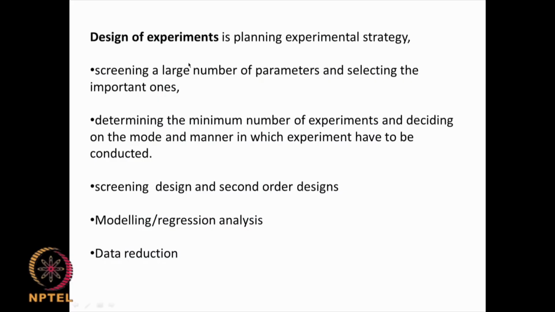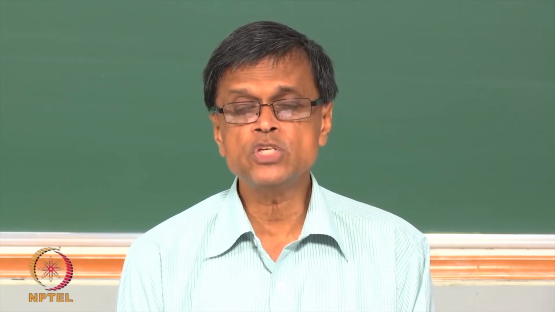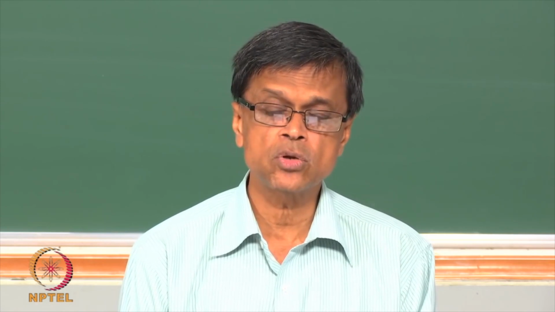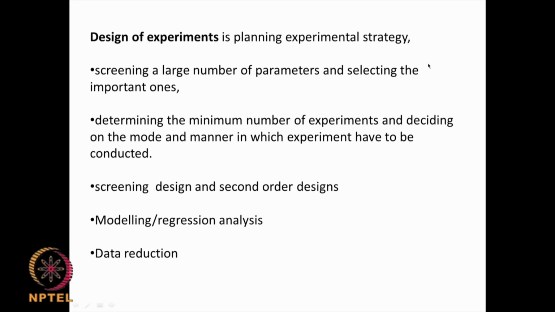So, all these have an effect on your final product actually. So, am I going to look at all these parameters? That may take a long time, or am I going to look at very important parameters only, not all the parameters. So, how do I decide which parameters are important, which are not important? Selecting the important ones becomes very important.